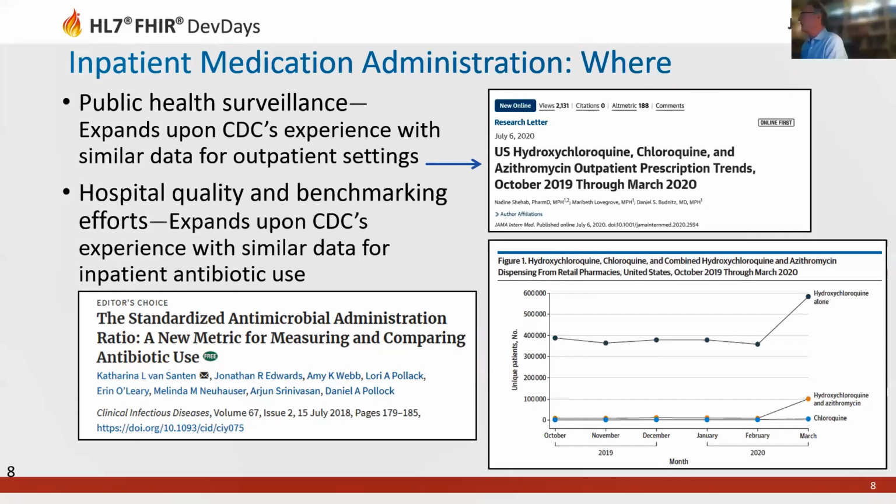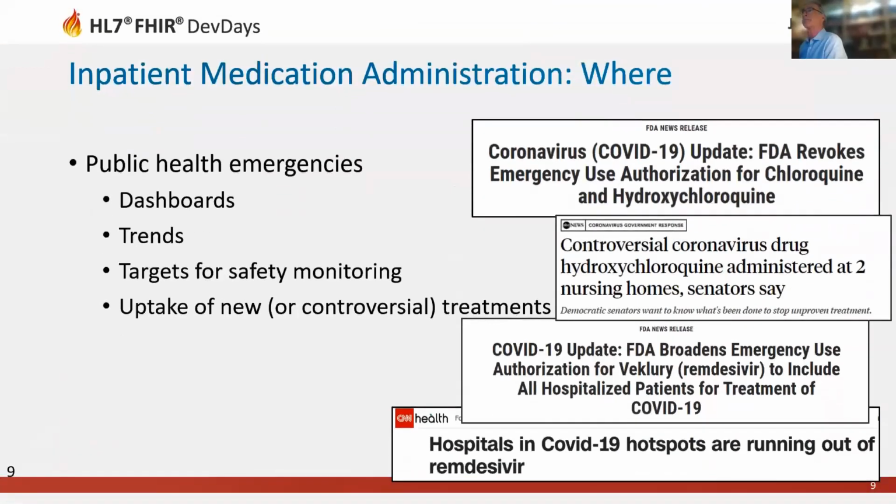We still have concerns regarding the severity of illness of COVID patients, and medication administrations provide an indirect indicator of the patient severity, as well as provide a means of characterizing severity for purposes of developing predictive models.